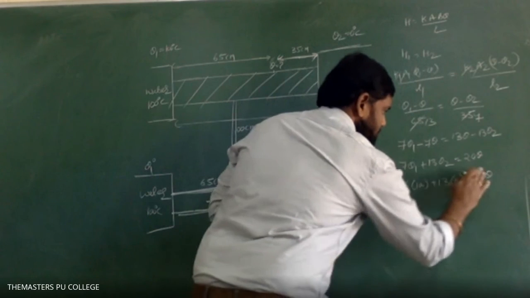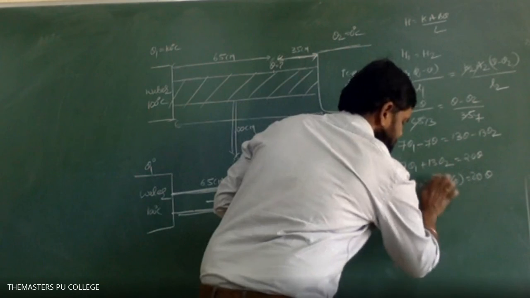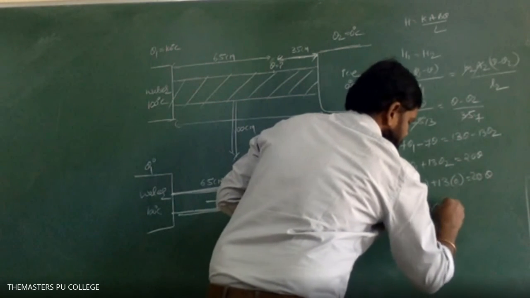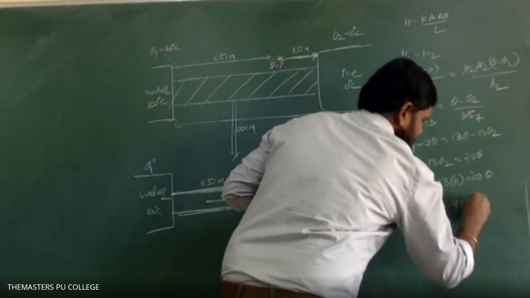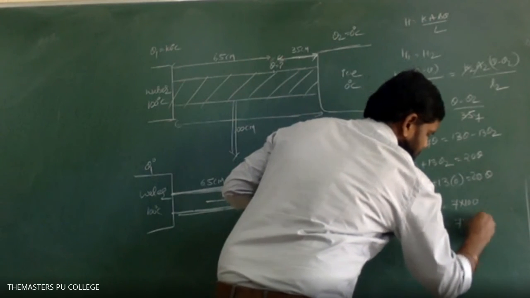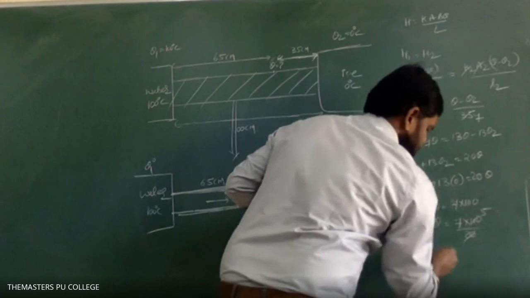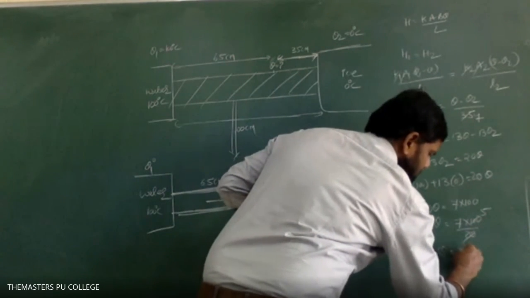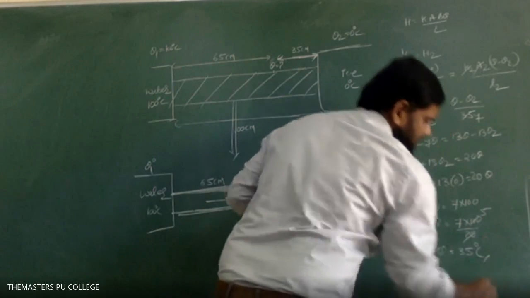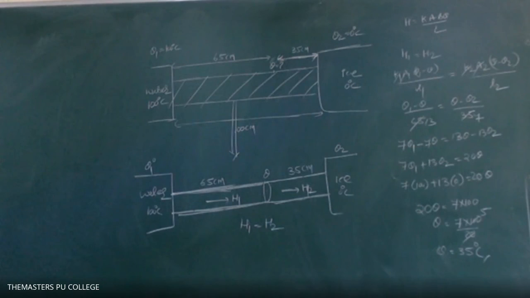So 20 theta equals 7 into 100. Theta equals 7 into 100 by 20. So theta equals 35 degrees centigrade. The temperature of the junction will be 35 degrees centigrade.